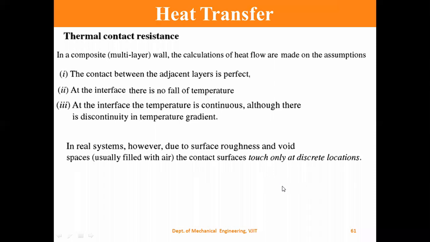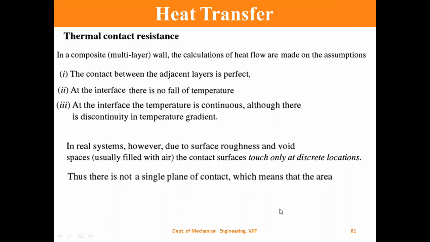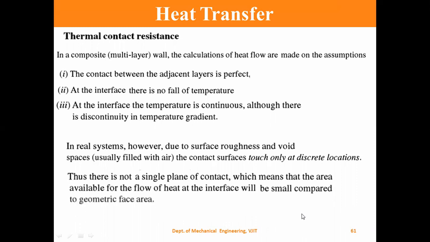Due to that, the thermal contact resistance has to be calculated. There is not a single plane of contact. The contact is going to change because of all these parameters in real systems. So the area will not be the same, which is going to affect the rate of heat transfer, and which has to be taken into consideration.